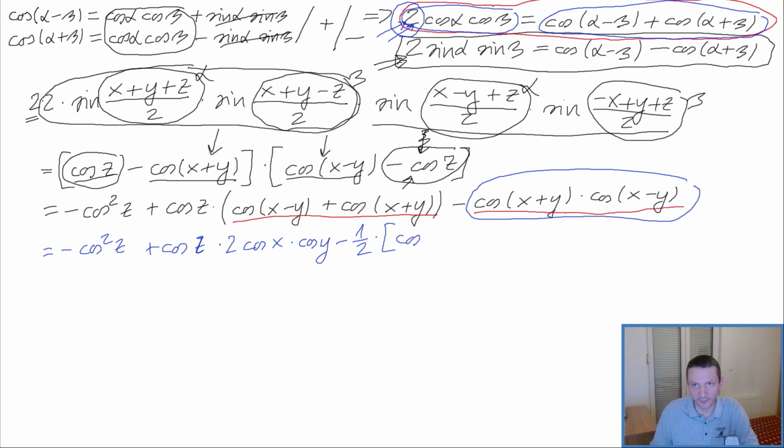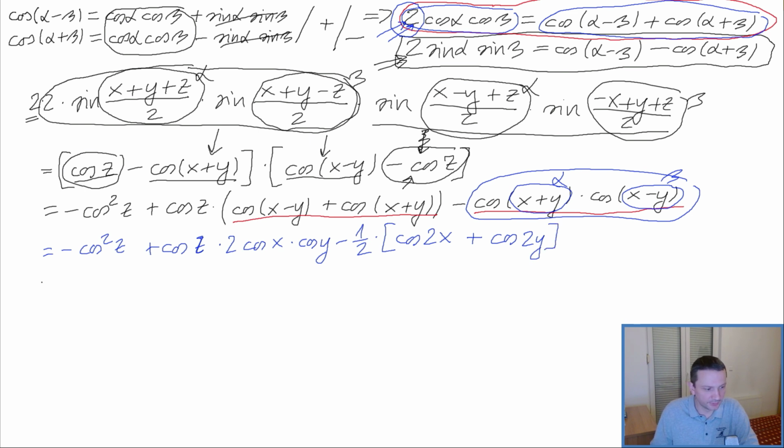cosine of alpha minus beta. This is alpha and this is now beta. So alpha minus beta is actually nothing but 2x, plus cosine alpha plus beta, and this is nothing but 2y.